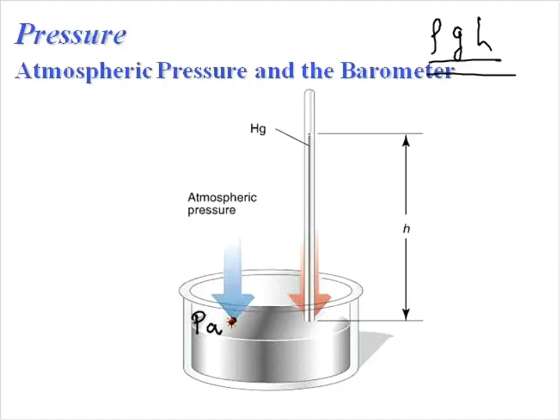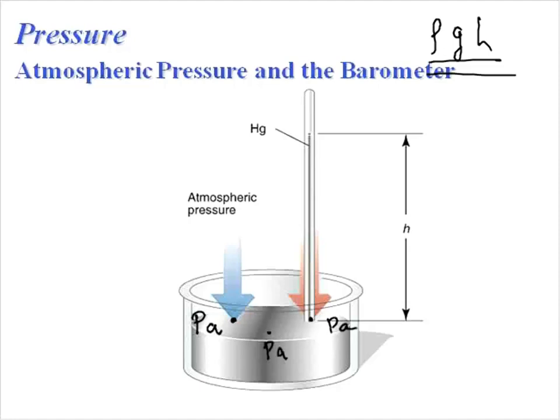Whether I take this point, or this point, or this point, any point I take anywhere on the surface. I should not go deeper. I should be at the same height. That means I will be on the surface. So any point I take on the surface of the liquid, the pressure is exactly PA.